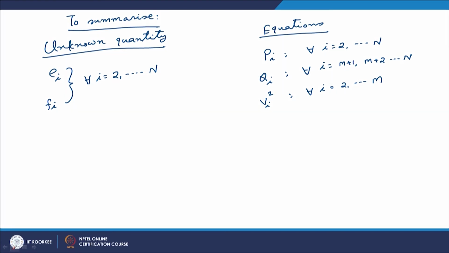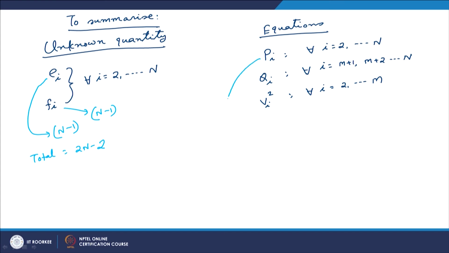So, the total number of unknowns, if we note, here the unknown is n minus 1 and here the unknown is n minus 1. So, total is equal to 2n minus 2.